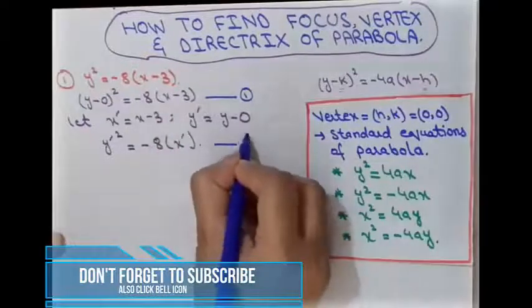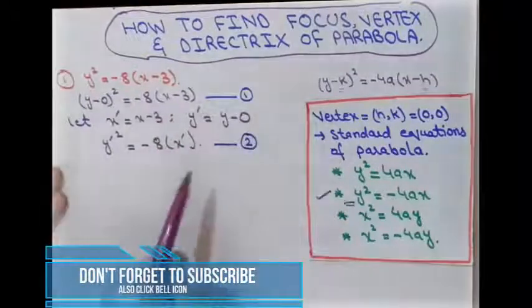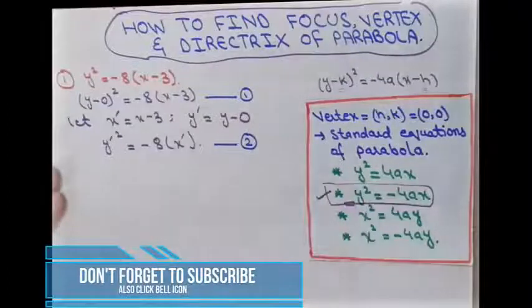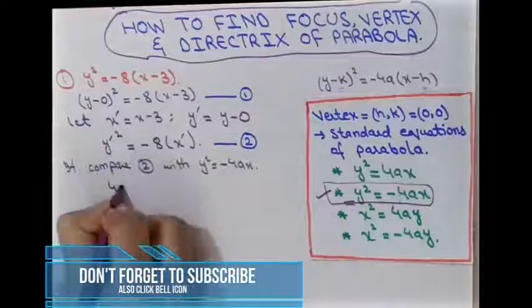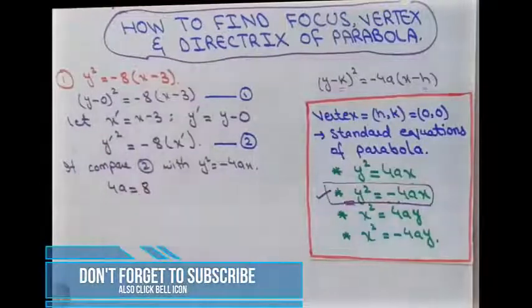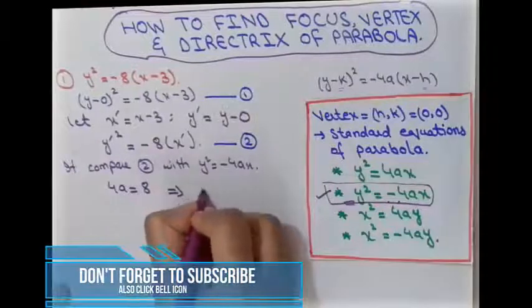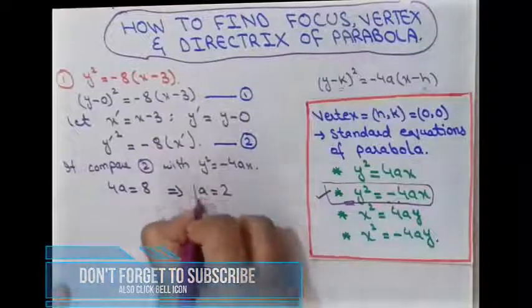This is my second equation. If I compare the second equation with the standard equation of a parabola, 4a equals 8. Our aim is to calculate the value of a. So a equals 2.